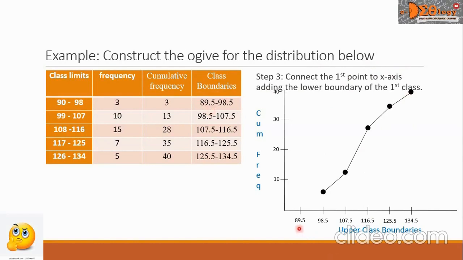So we added the 89.5 here, and then assuming that this 89.5 has zero cumulative frequency, and that is the point. Connecting this point with the first point of the graph here, so here we go. This is now the ogive for the given distribution. This is our final answer.